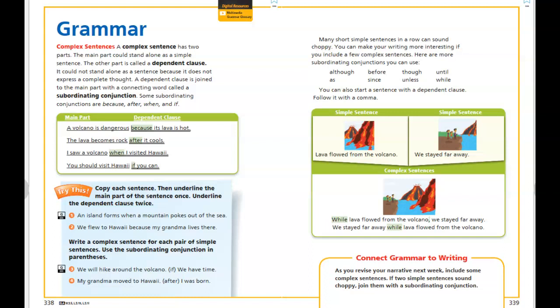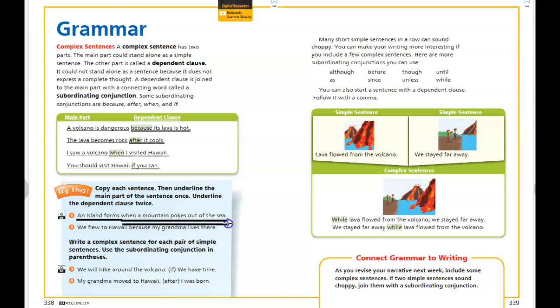Number 1 says, an island forms when a mountain pokes out of the sea. I know that we could just say, an island forms, right guys? So an island forms would be the main part of the sentence. But we can add the dependent clause when a mountain pokes out of the sea.